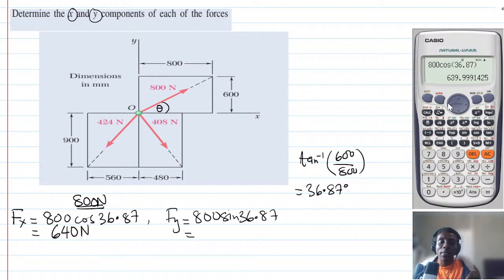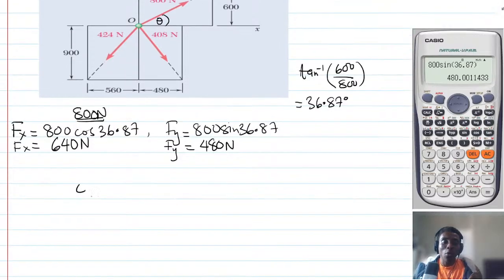And the y, 480. So that's 480 newtons. That's all. All right.